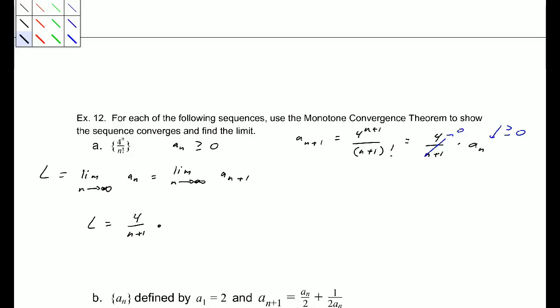The limit of a_n is L, and 4 over n+1 is going to 0, so this limit is 0. But first we had to use the monotone convergence theorem to tell us that it even converged. We have to know it converges first. Then we can apply some of these properties to it.